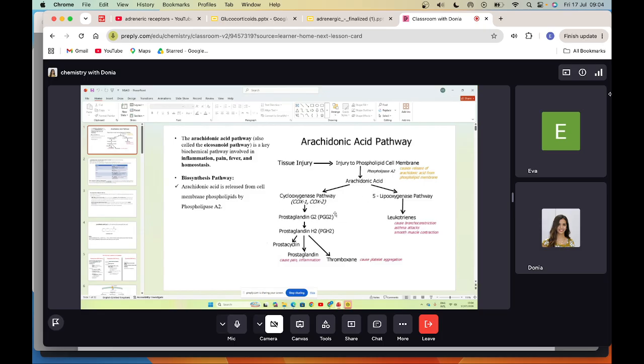They would release prostaglandins. First, prostaglandin G2, and then this gives me prostaglandin H2, and this H2 is unstable. So it would rapidly break down and give me prostaglandin I2, E2, F2, and thromboxane.